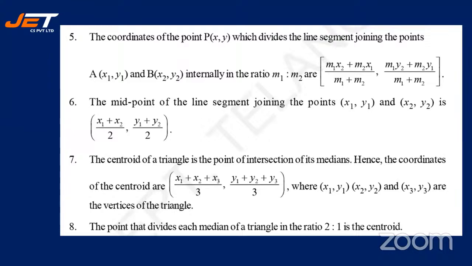And the midpoint, very important, x1 plus x2 by 2, y1 plus y2 by 2. Centroid is x1 plus x2 plus x3 by 3, y1 plus y2 plus y3 by 3, where x1, y1, x2, y2, x3, y3 are the vertices of a triangle, and the point that divides each median of a triangle in the ratio 2:1. The centermost point is called the centroid.